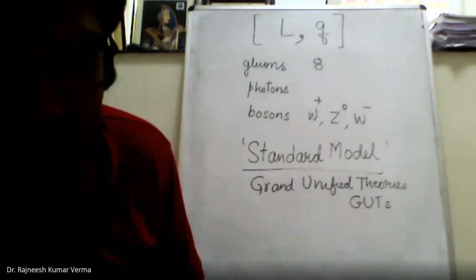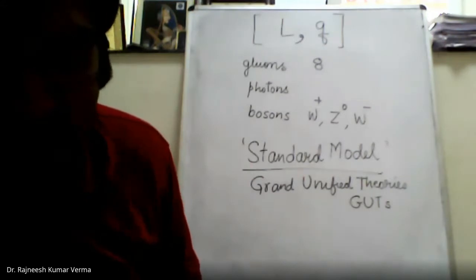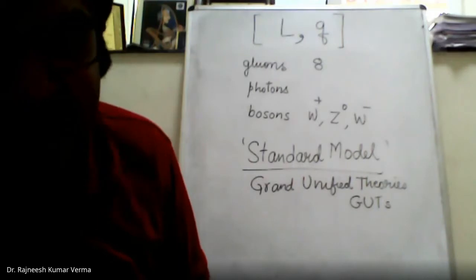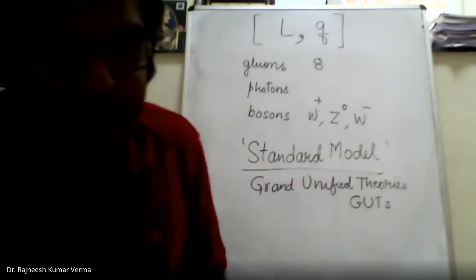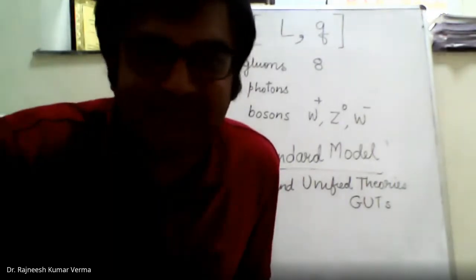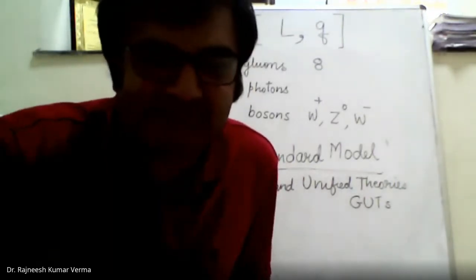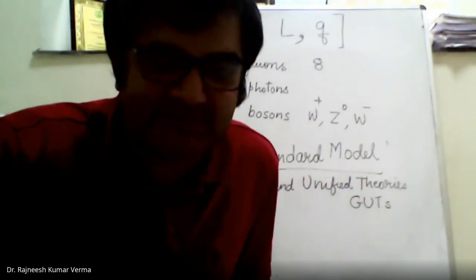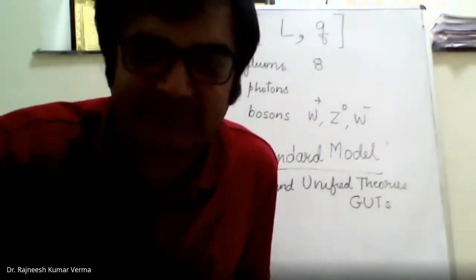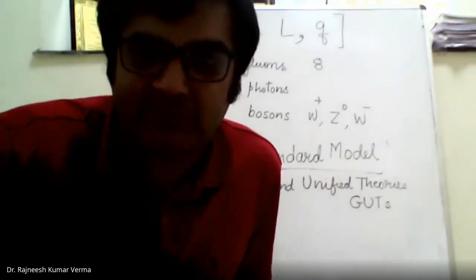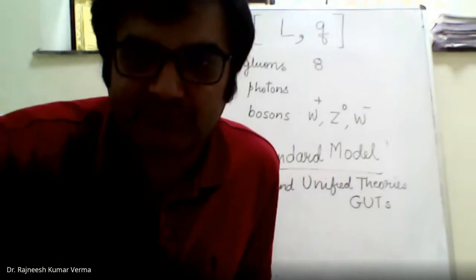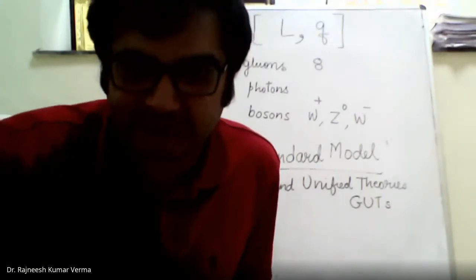Whereas we have one photon which can explain the electromagnetic interaction. They are not the same. These are the exchange particles. Like we have the bosons W plus, W minus and Z0, which are the exchange particles in the case of weak interaction.